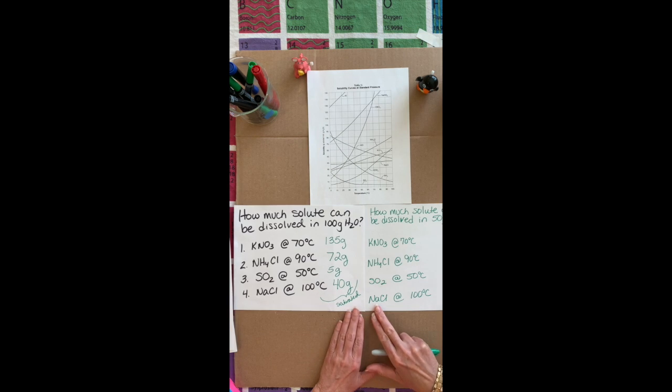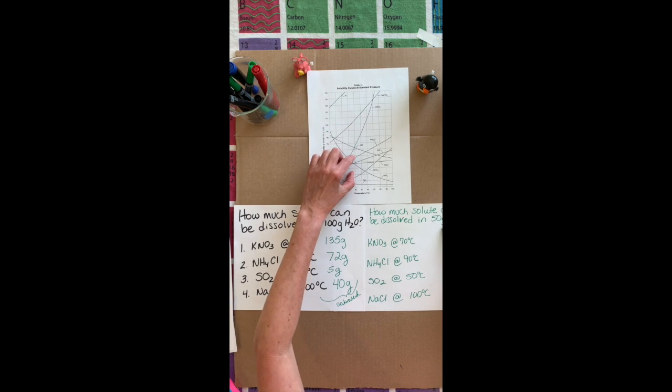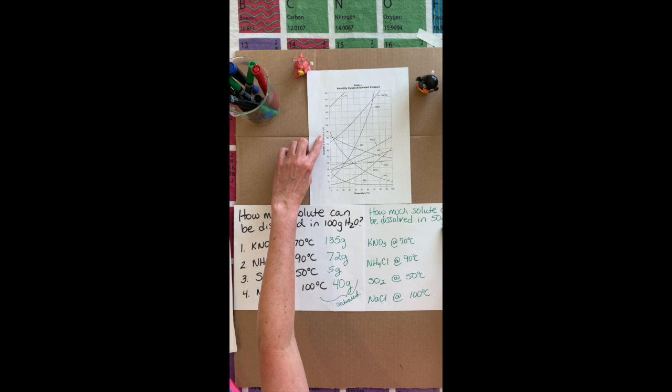Now, the Regents can get a little tricky sometimes, so you want to read the questions very carefully. We can ask a similar question, but the amount of water is different. So be careful. When you're reading directly on these curves, we're at 100 grams of water, not 50.